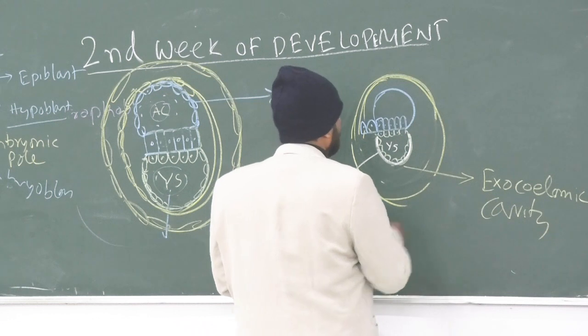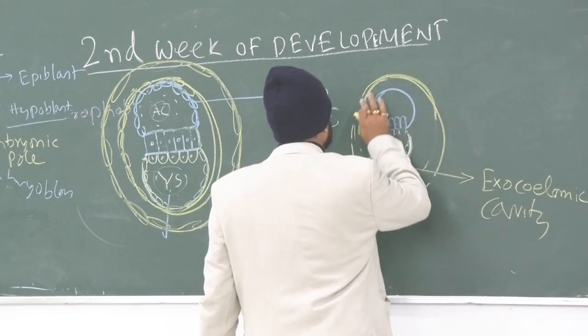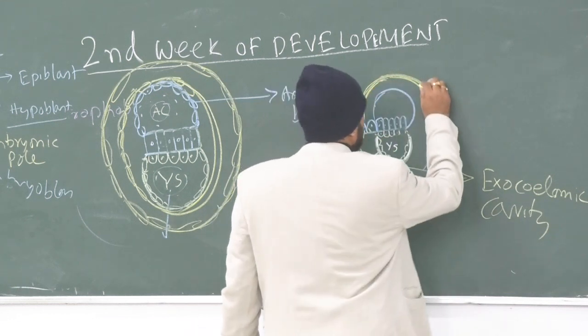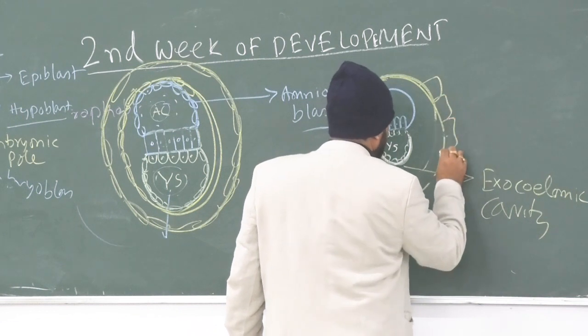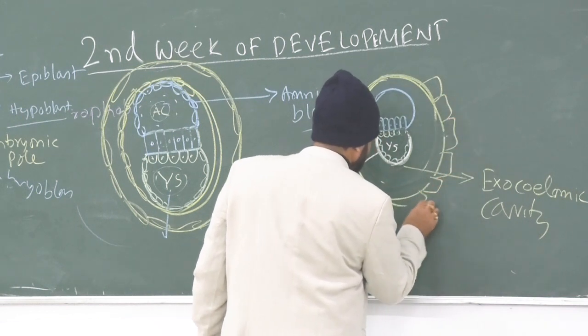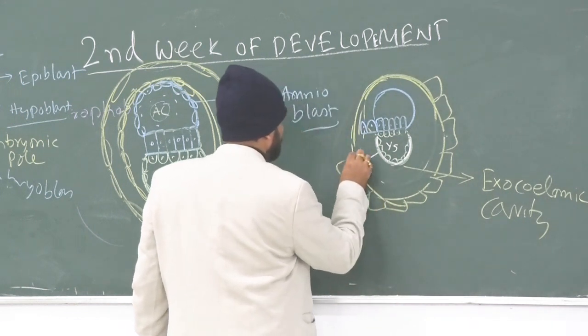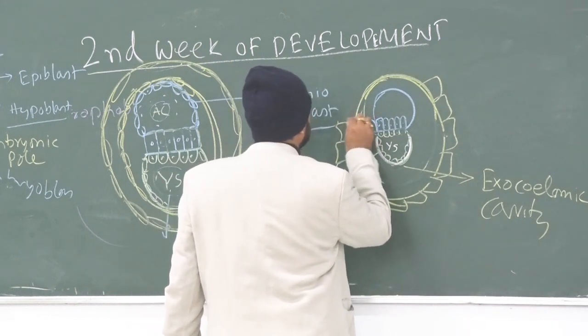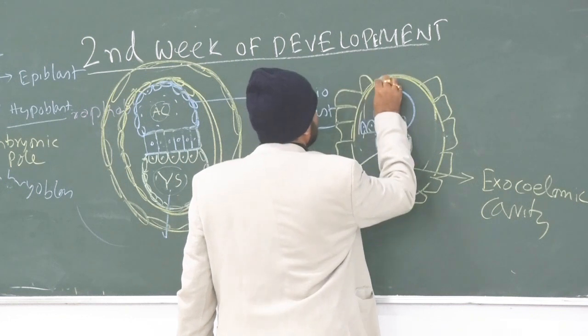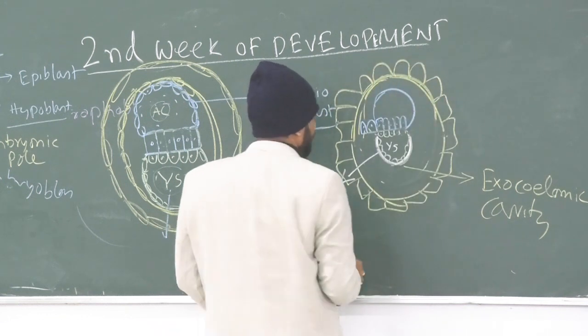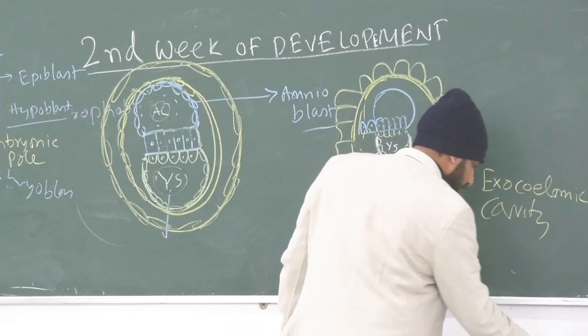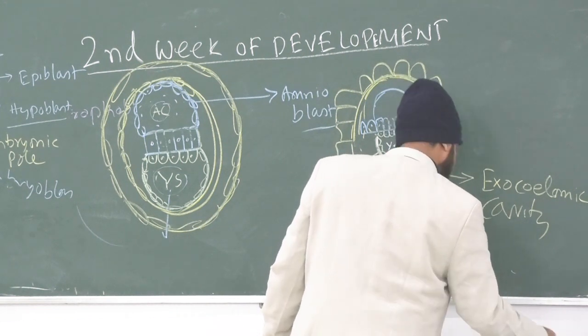আর এখানে কি ছিল? এই ট্রফোব্লাস্ট সেলস, এখানে ট্রফোব্লাস্ট সেলস গুলো এইভাবে দুটো লেয়ারসে ডিফারেন্সিয়েট হবে। কি কি? বল বল, কি কি বলছিস?